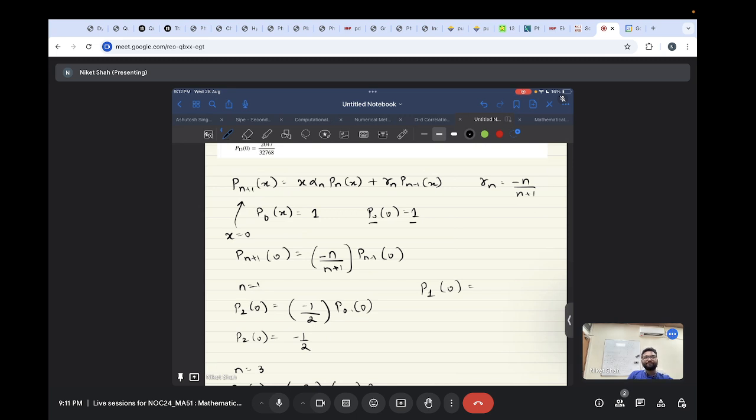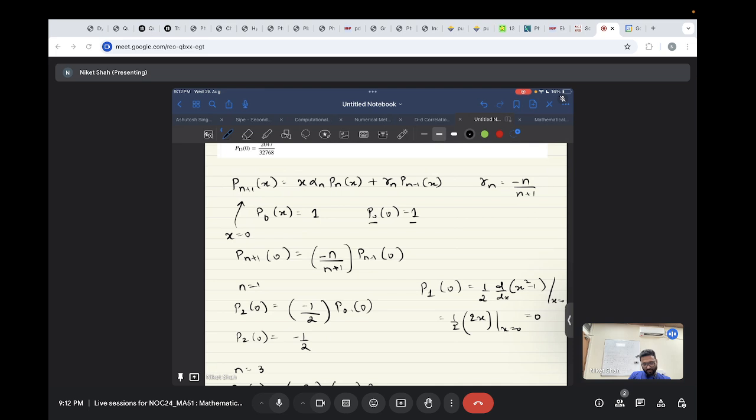So P1 of 0 at least I can know. From the lectures, there is some relation, right? For P1, it would be 1 by 2 into n factorial, which is 1, d by dx of x square minus 1 at x equal to 0, which is equal to 1 by 2 into 2x at x equal to 0, which is equal to 0.